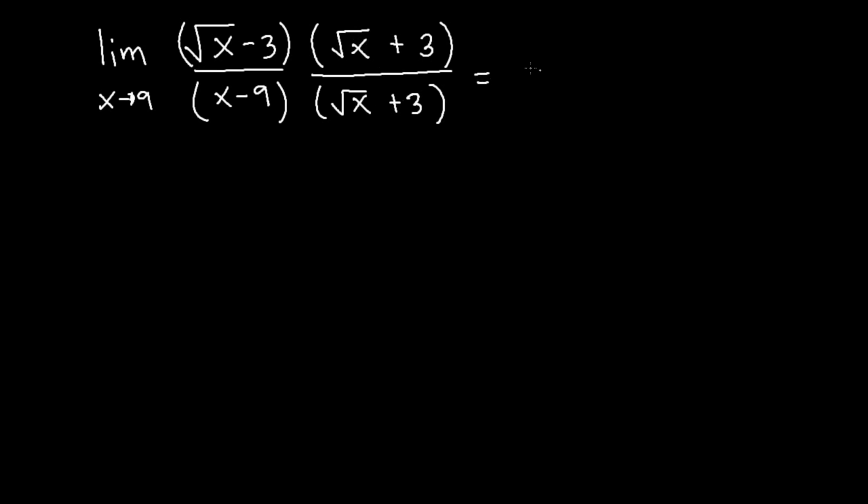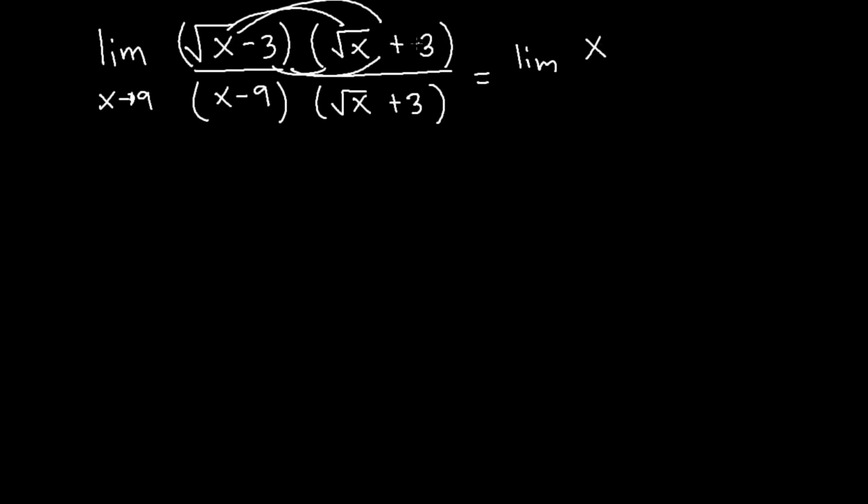So this is equal to the limit of: square root of x times square root of x is just x. The radical sign disappears. 3 times negative 3 is negative 9. Or if you don't use the shortcut, use the FOIL method. So square root of x times square root of x is x.